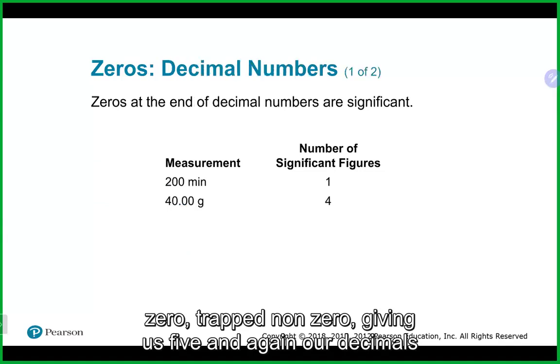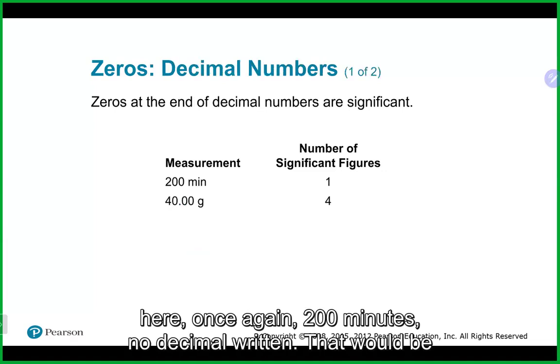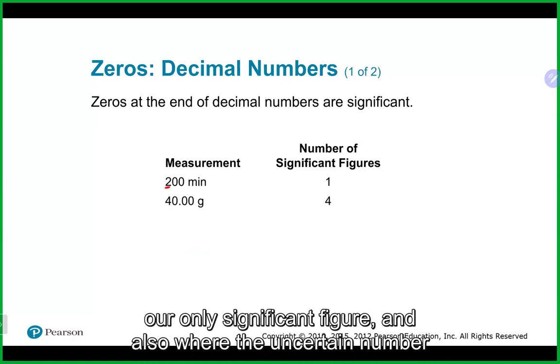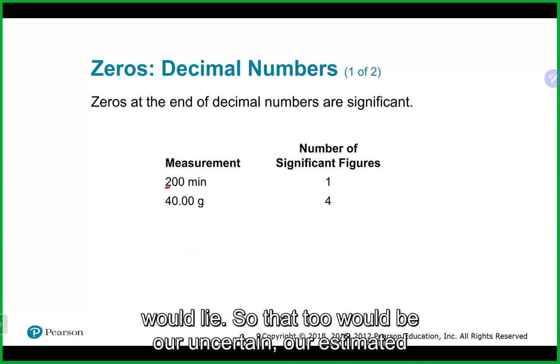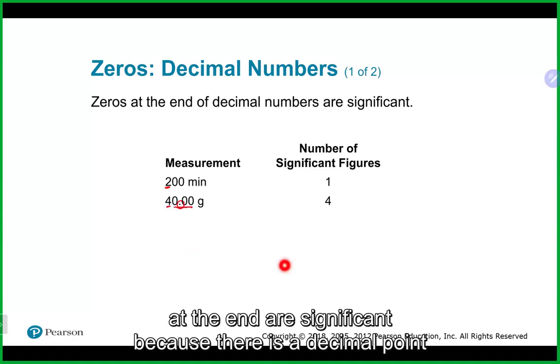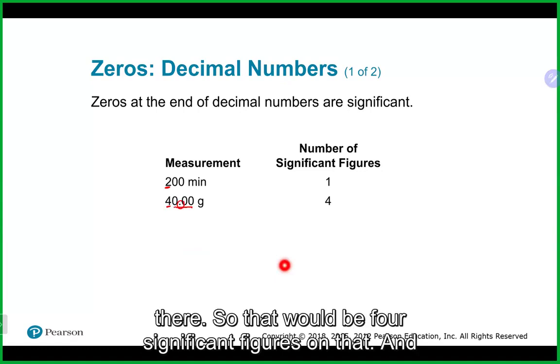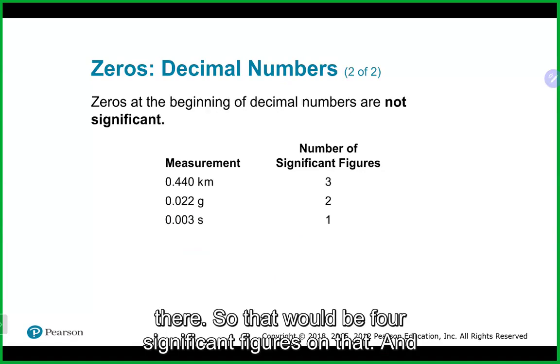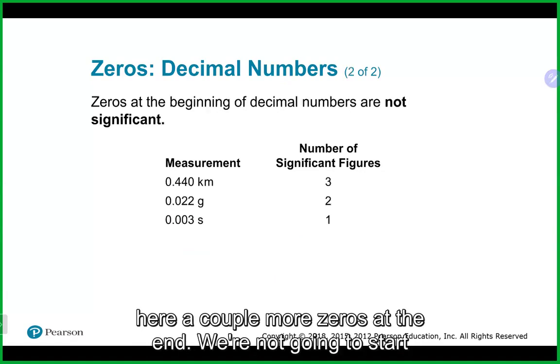And again, our decimals here, once again, 200. No decimal written. That would be our only significant figure, and also where the uncertain number would lie. So that 2 would be our uncertain, our estimated digit. This would be significant. All these zeros now at the end are significant because there is a decimal point there. So that would be 4 significant figures on that. And here, a couple more zeros at the end.